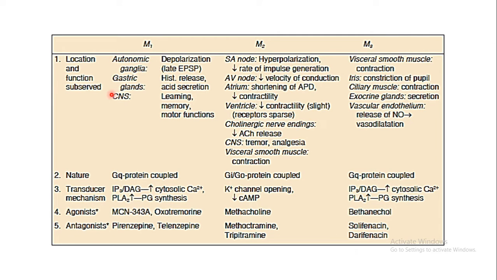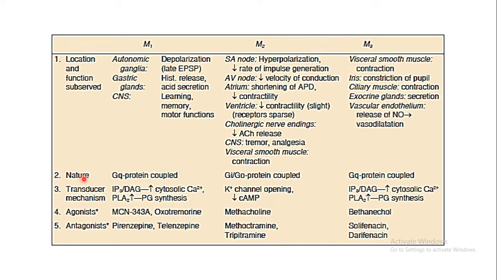Okay, so this is the table which is describing the location and the function of acetylcholine, which is mediated through that particular type of receptor, whether it is M1, M2 or M3. So it shows the location and the function which is produced by stimulating this particular receptor at this location. Then it also describes the nature of the receptor. This is a G protein coupled receptor, so which type of G protein is involved over here.